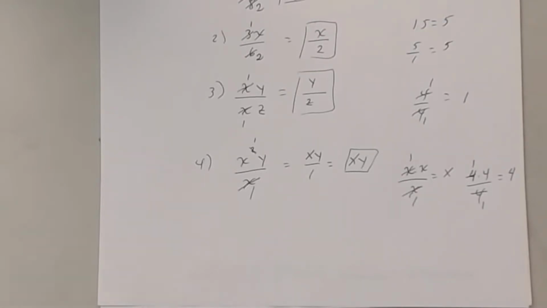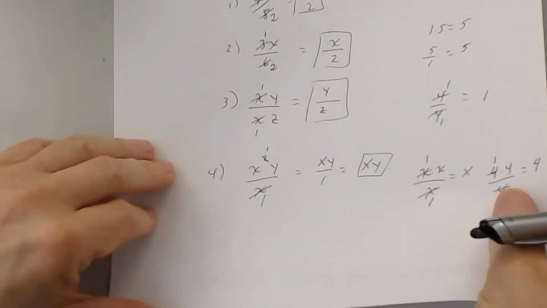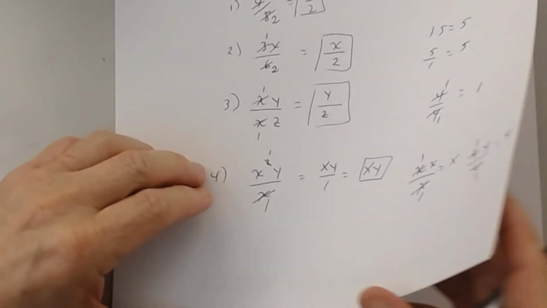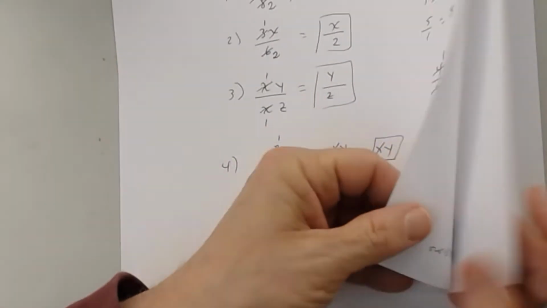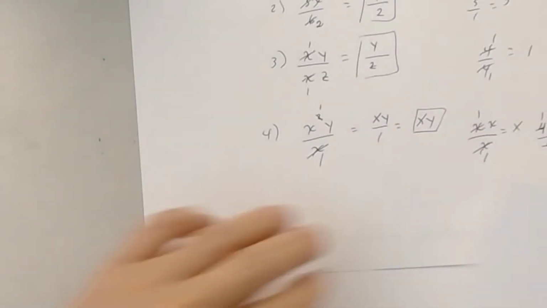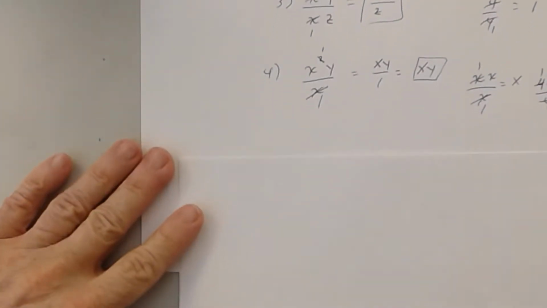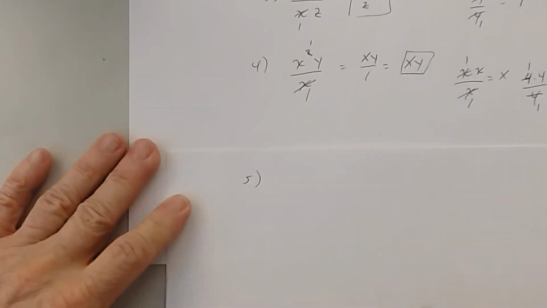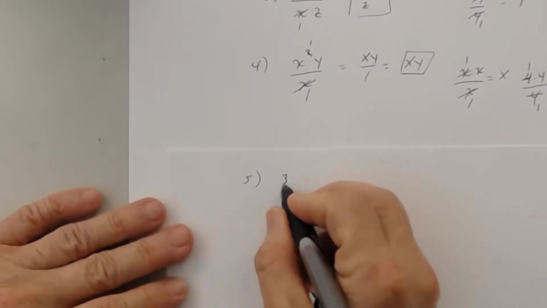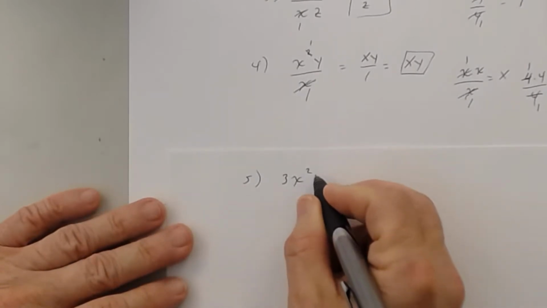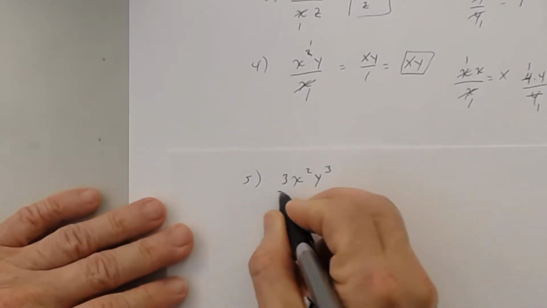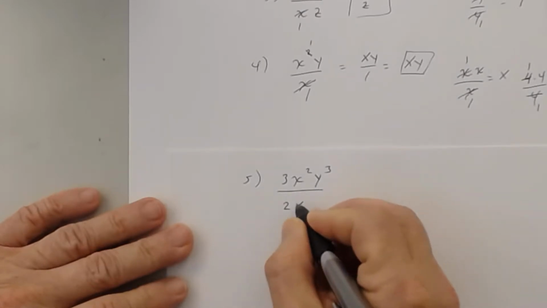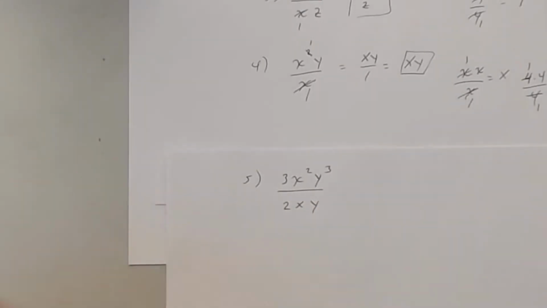Okay? All right, let's do number 5. Number 5, let's suppose we had this. Suppose I had 3x squared y cubed divided by 2xy.